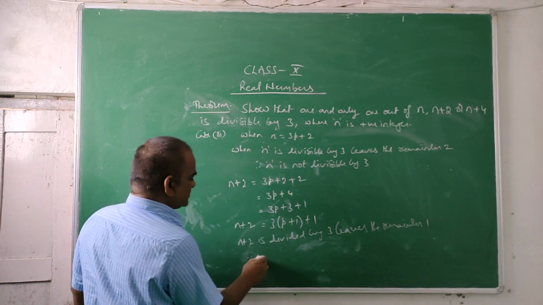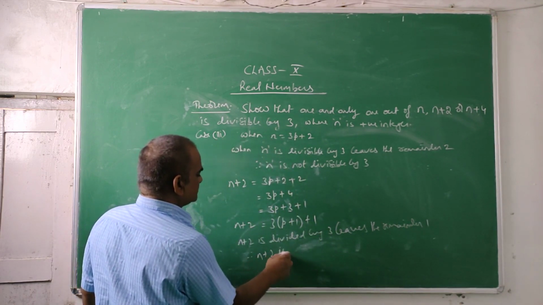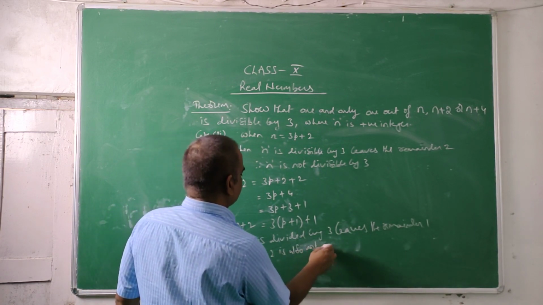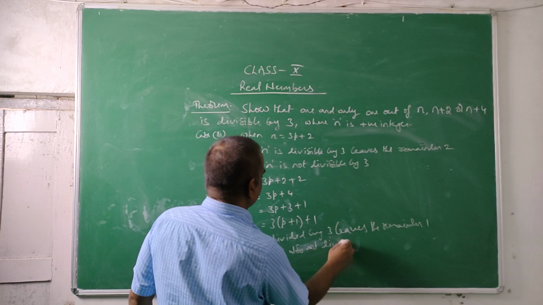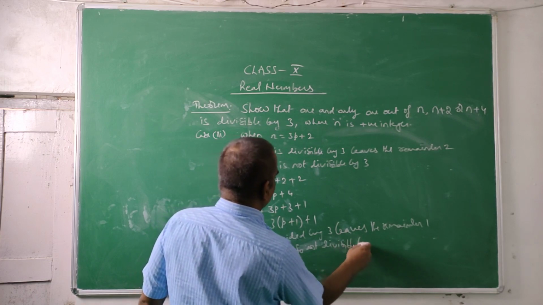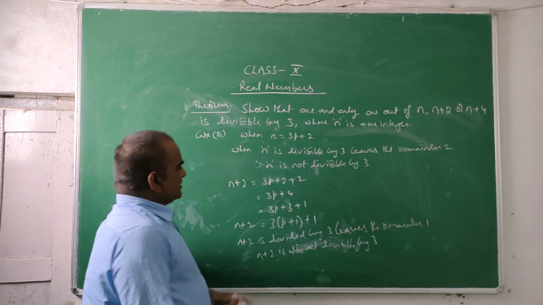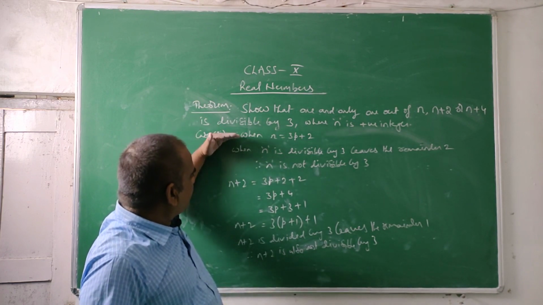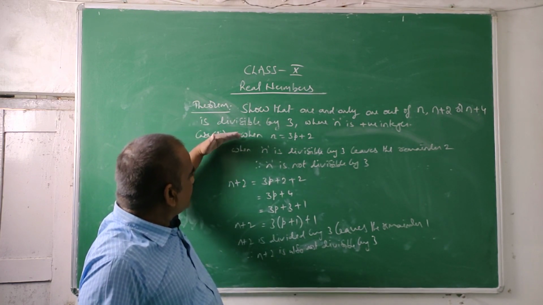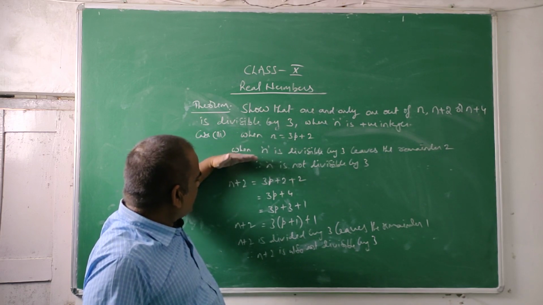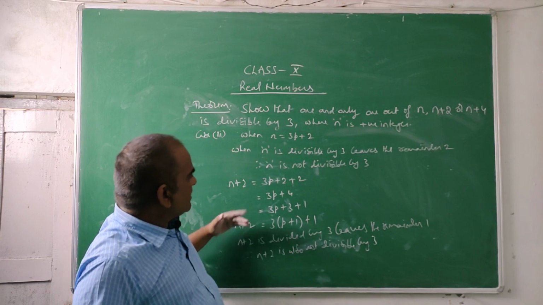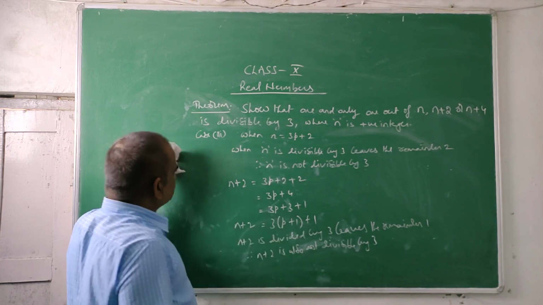Therefore, n plus 2 is also not divisible by 3. So, in case 3, when n is 3p plus 2, we have seen that n is not divisible by 3, and n plus 2 is also not divisible by 3. Now, we have to see n plus 4.